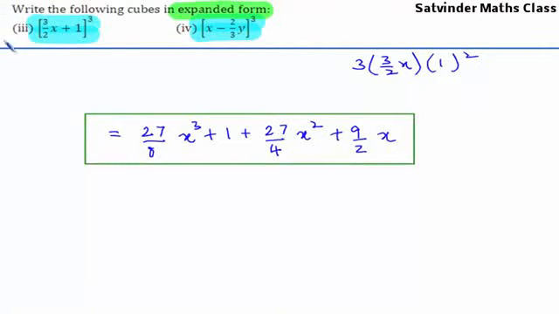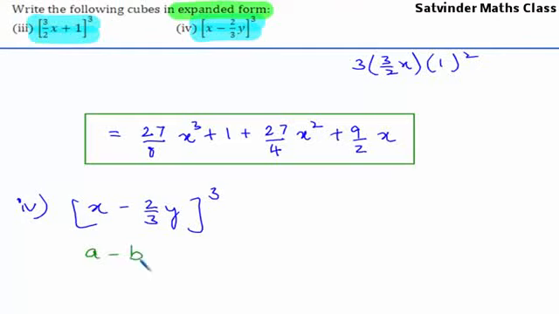Now let us take the second part of the question, which is expanding (x minus 2 by 3 of y) whole cube. We will use the identity (a minus b) whole cube is equal to a cube minus b cube minus 3ab into (a minus b).